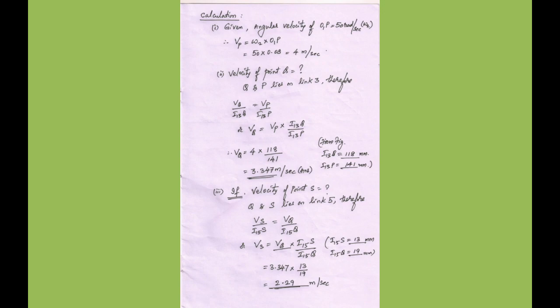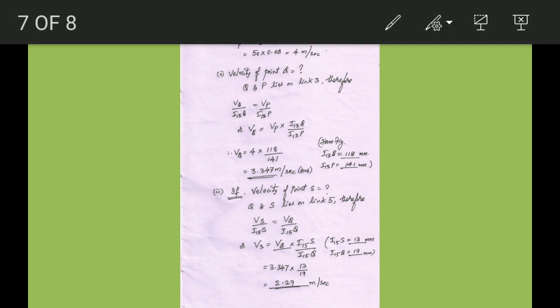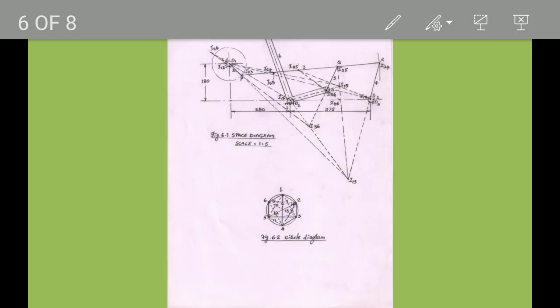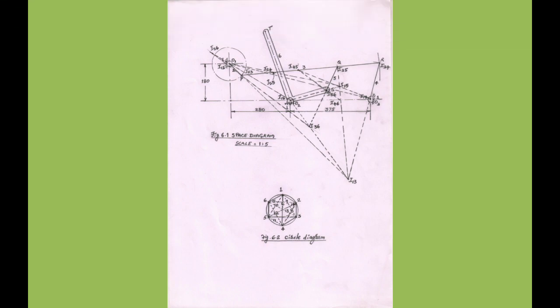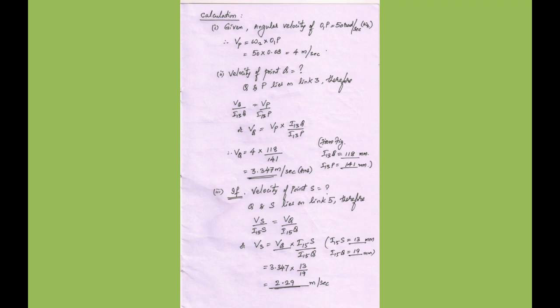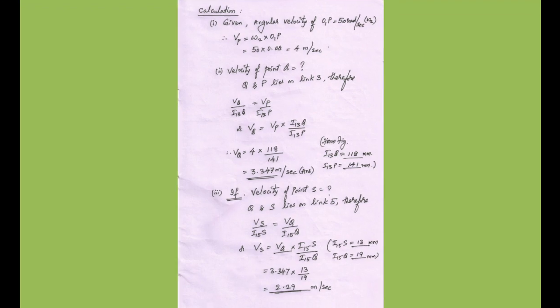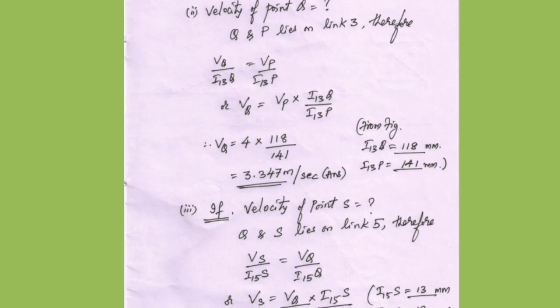Q and P both are lying on link 3. See, once again you see the space diagram. Q and P are lying on link 3. So when you have link 3 with common points Q and P, the formula can be written like this: VQ divided by I13Q is equal to VP divided by I13P.